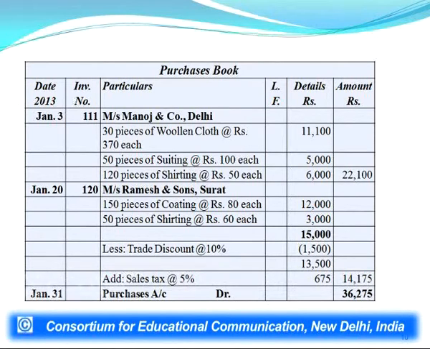So, we have to deduct the trade discount first. 10% of the gross value 15,000 is 1,500. So, the net price of the goods is 13,500. Then we have to add the sales tax at 5%, which is 675, and so the total amount is 14,175.